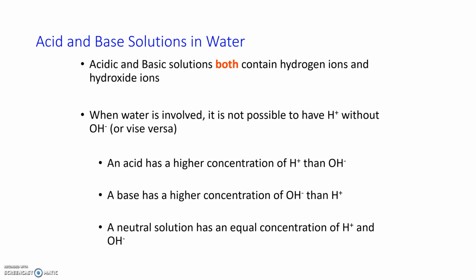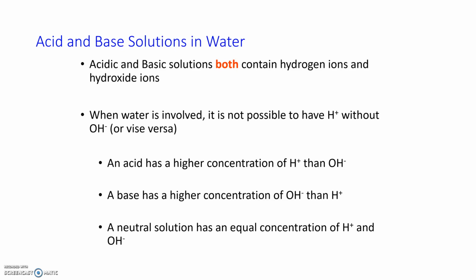It's not this simple when we start actually looking at solutions, and that is because when you have pure water, you always have some H plus and some OH minus in that water. That water dissociates slightly to form H plus and OH minus. And as a result, both acidic and basic solutions contain hydrogen ions and hydroxide ions.